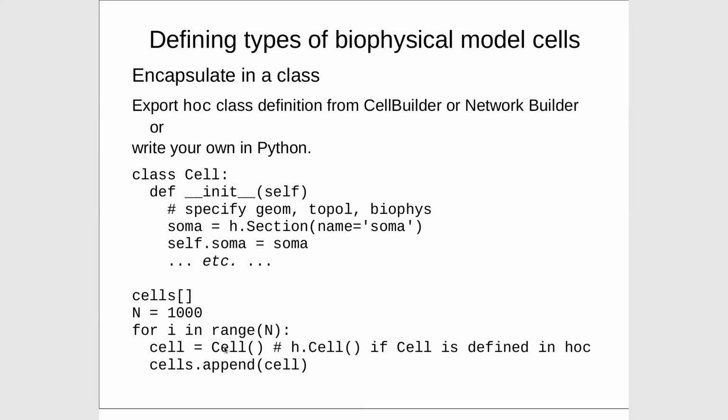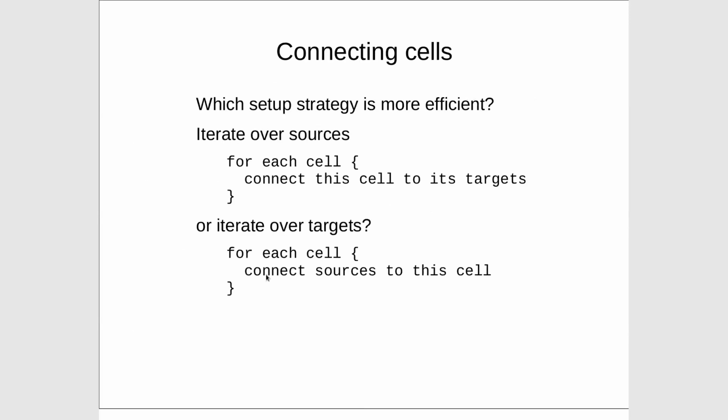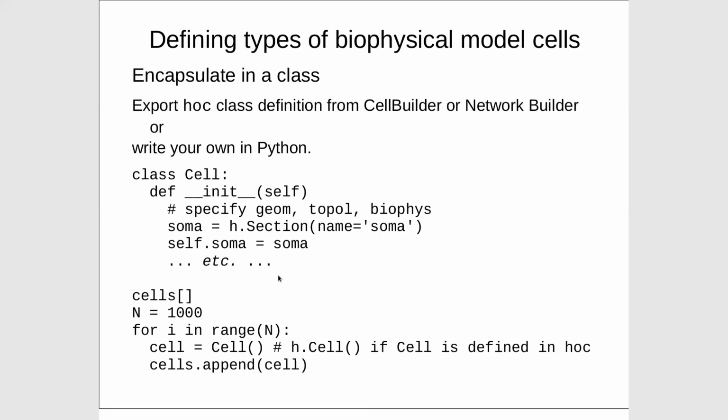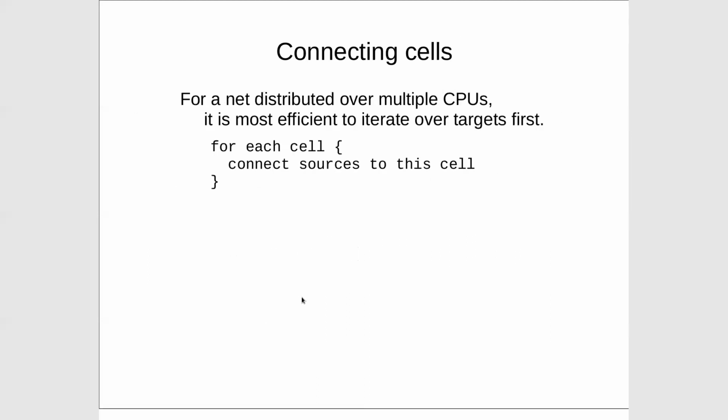If this was a pyramidal cell, we might say for i in range n, cell equals pyr(), then pyr cells.append(cell), and we would have had a list called pyr cells or pyr list or whatever you wanted to call the list. So once we've got our lists, we can decide how we connect them. I'm not going to get into that. Robert, I think, has an example for that in his presentations. And I just want to get out of the way so that people can have lunch.